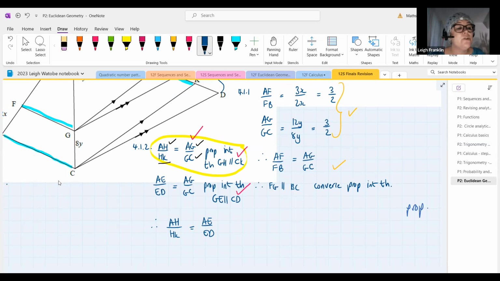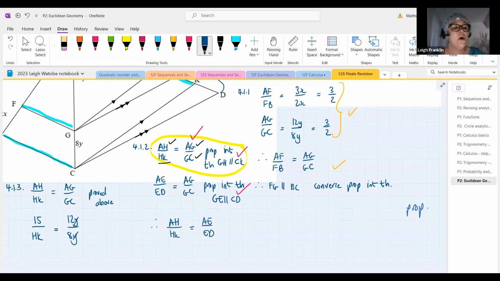So this is question 4.1.3. So we know that, I'm just writing it all out for you again so you can see what I'm subbing into, AH over HK is equal to AG over GC. We could say here proved above instead of having to write out the ratio again. We know that AH is 15, that's given. HK we can calculate. We know that AG is equal to 12y, and we know that GC is equal to 8y.